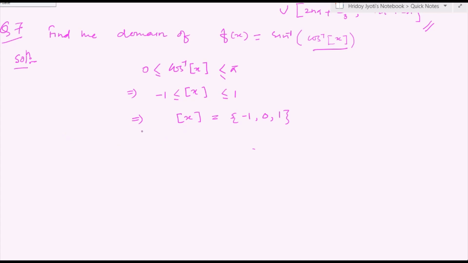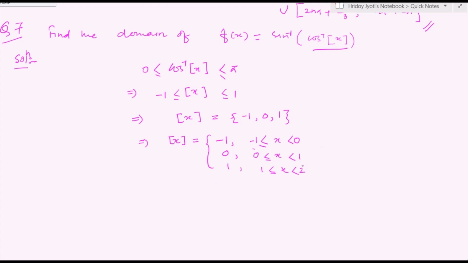Now we know that GIF of x will be equal to -1 for all x lying between -1 to 0 excluding 0, 0 for values of x lying between 0 to 1 excluding 1, and 1 for all values of x lying between 1 to 2 excluding 2.